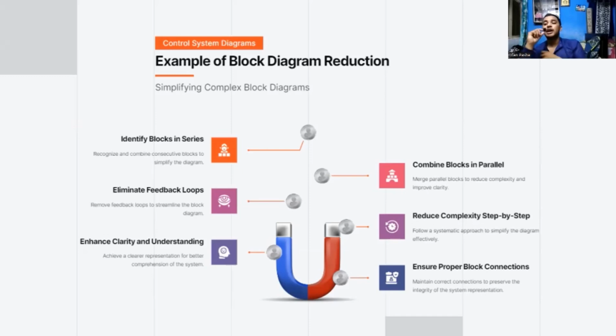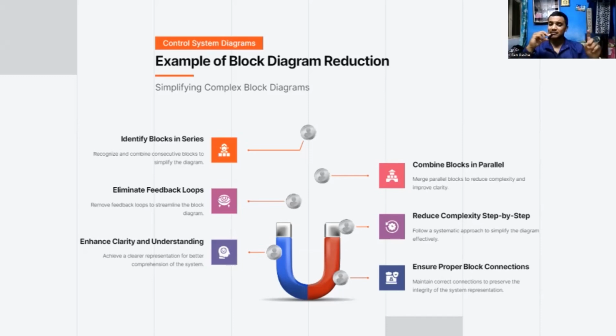Now we've come to block diagrams. If you've come from VTU, there are many major questions on block diagrams which you will have to solve, so block diagram reduction is very important. I've explained step by step what you have to do. First, identify the blocks in series, recognizing combined consecutive blocks to simplify the diagram.